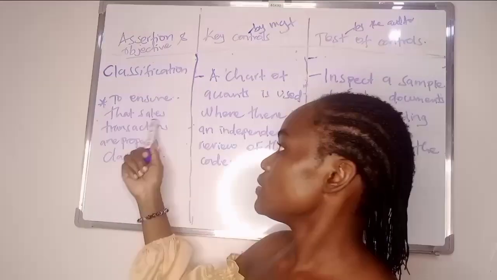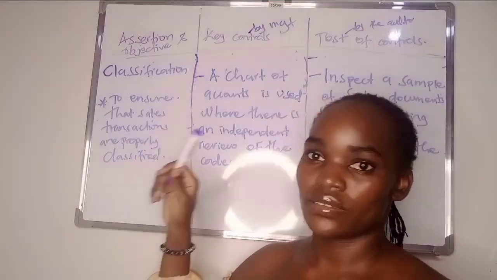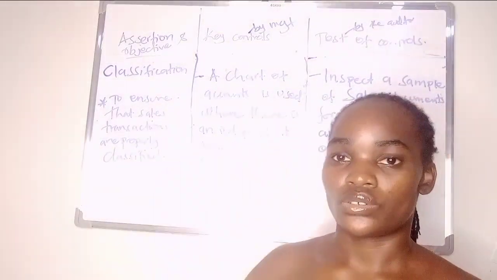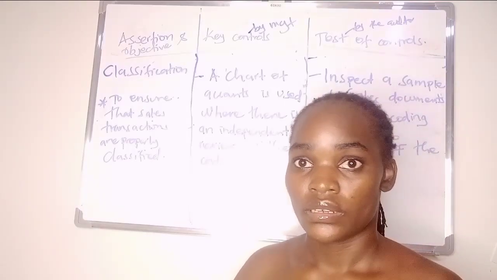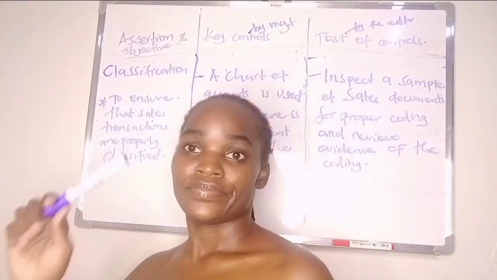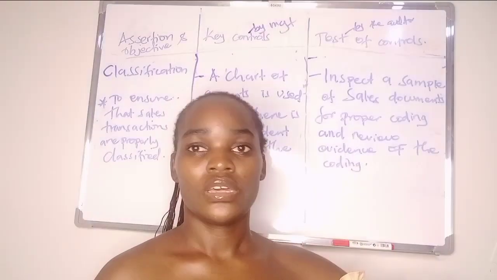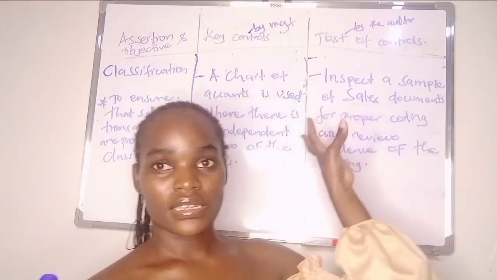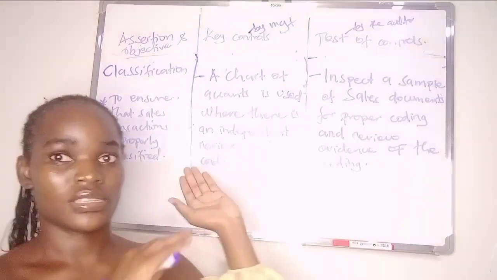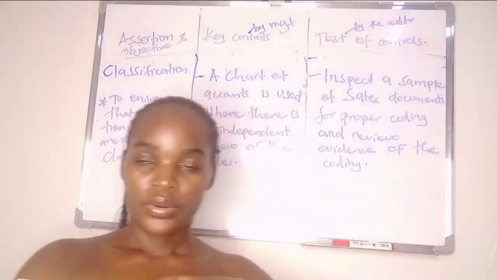You just change this. Where there is sales, you put the transaction that they have said. If it's inventory, you put inventory. So this answer cuts across. For classification, it's the same answer.